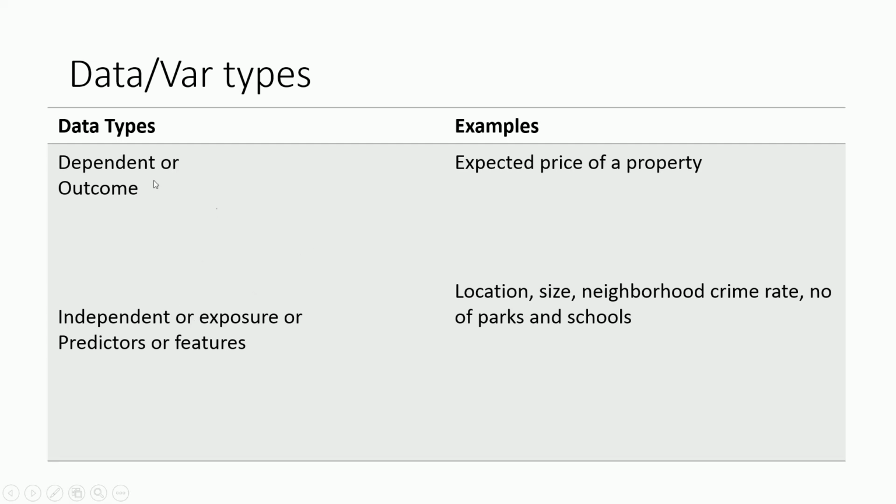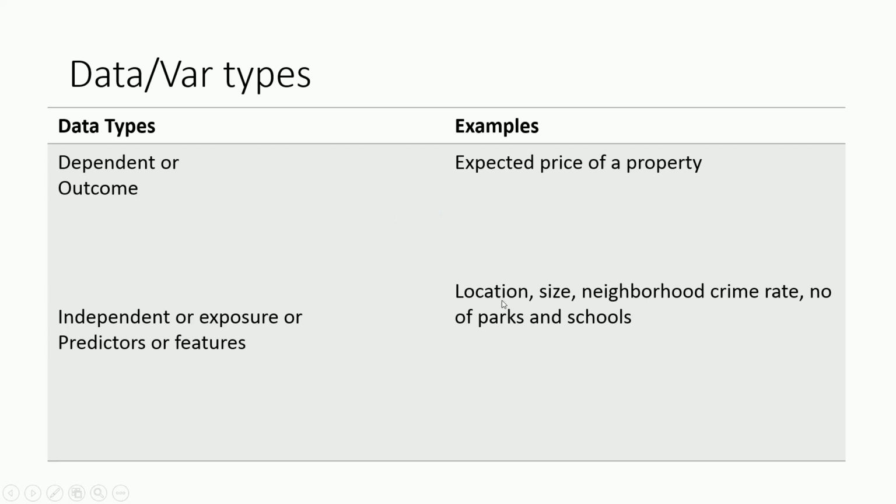Now, let's understand the dependent ones. This is the data which depends on all the variables in the second box. So let's see it with an example. If there is the price of a property, and we want to predict the price of a given property, this will be the outcome variable that we are interested in. Now, what determines the price of a property?